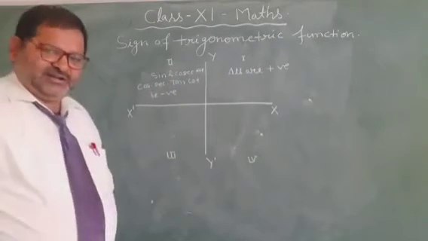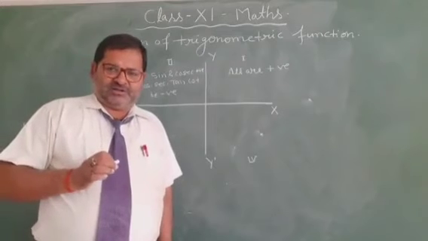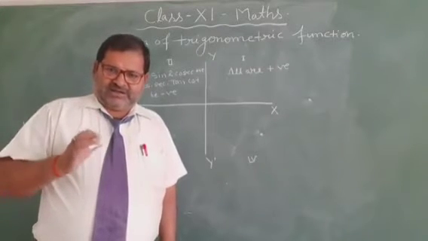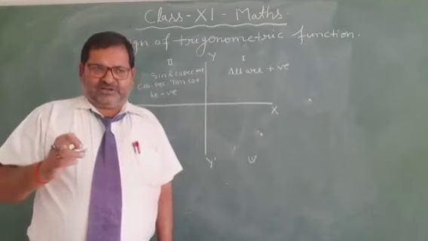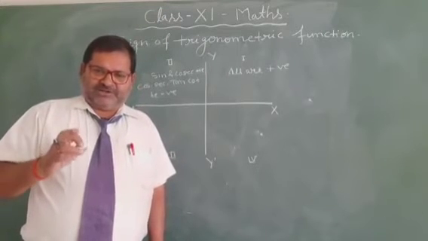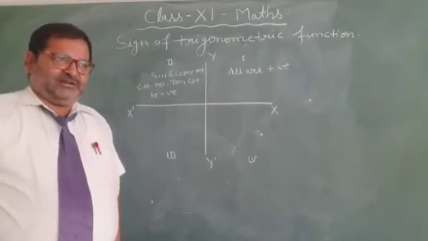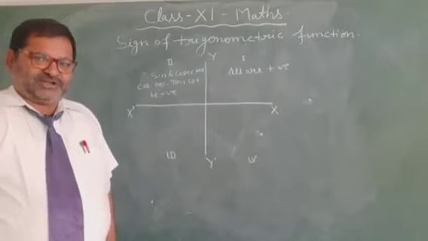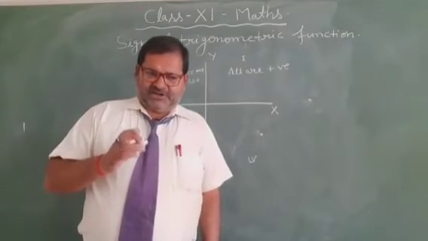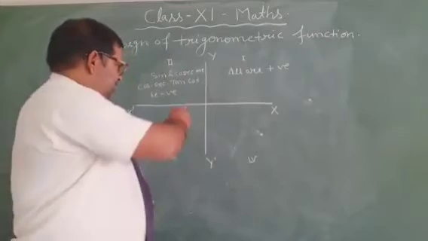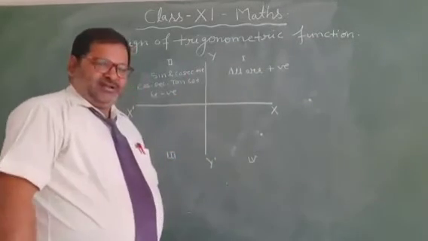The sign convention of sin and cosec are positive in the second quadrant, but the rest are negative in the second quadrant.